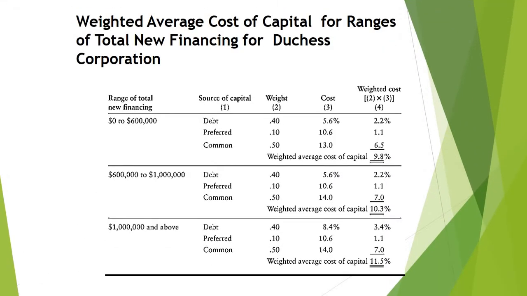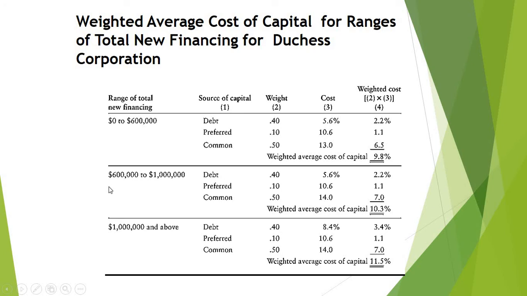Now let's look at the weighted average cost of capital for ranges of total new financing for Duchess Corporation. For example, if Duchess Corporation uses $0 to $600,000, in that case the weighted average cost of capital is 9%.